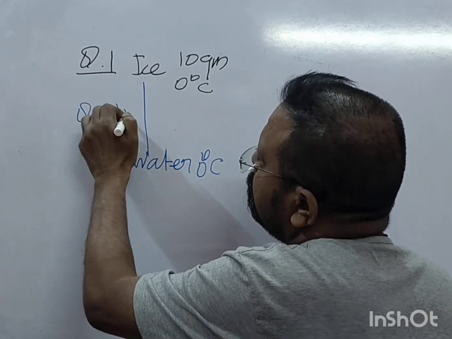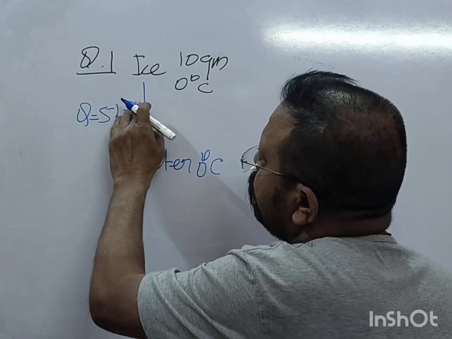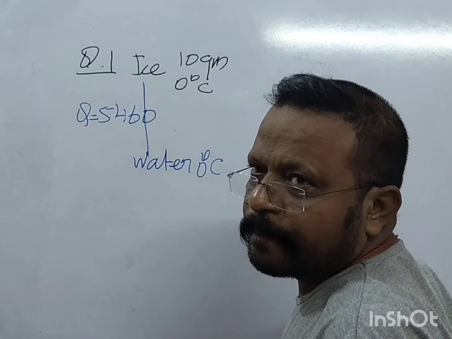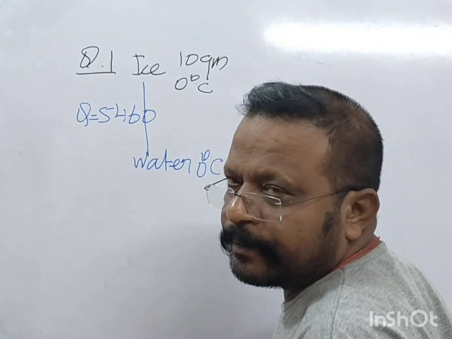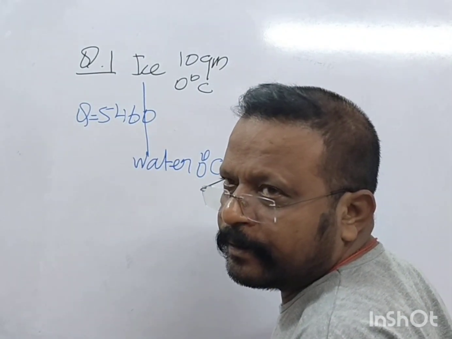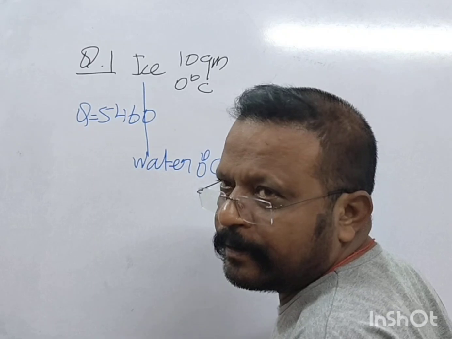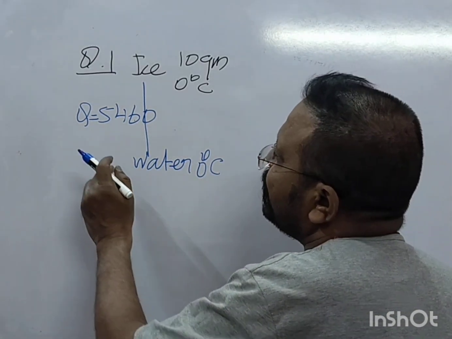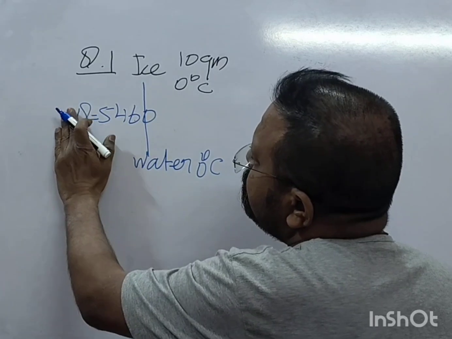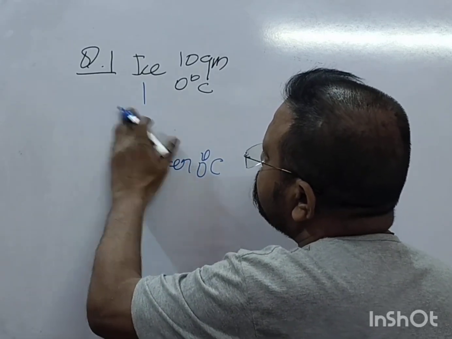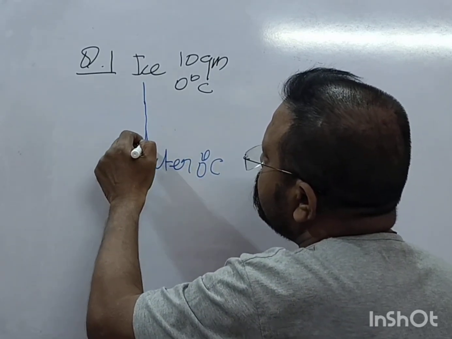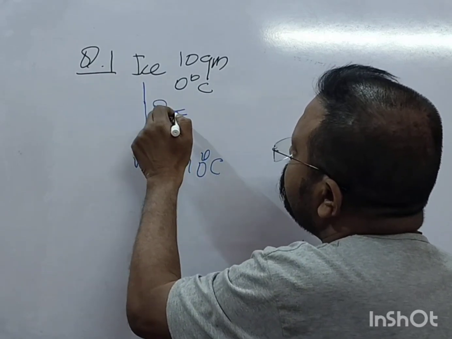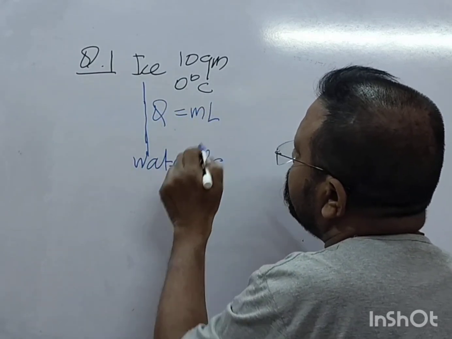5460 joule. Right. Okay. Of heat energy to melt and change to water at 50 degrees Celsius. So first, 0 degree ice will convert into 0 degree water, that is Q is equal to mL, right?